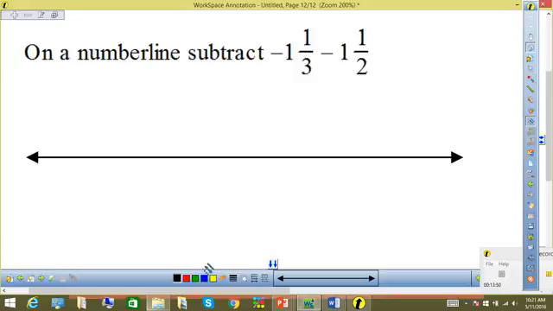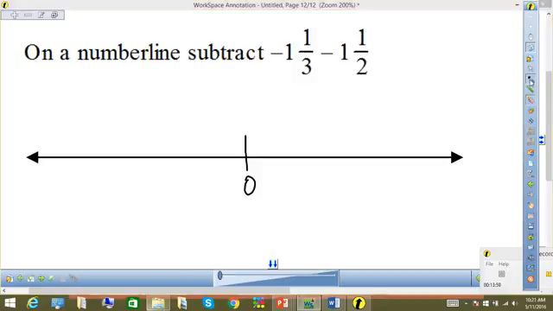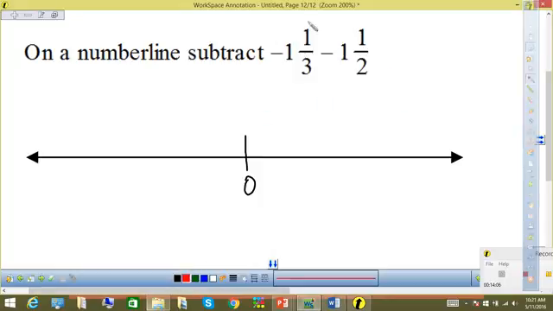We're going to start with 0. So, look up, please. Let's start with the first number that they give us. The first number is negative 1 1/3. That means we're going to the left. How many steps? 1 1/3.